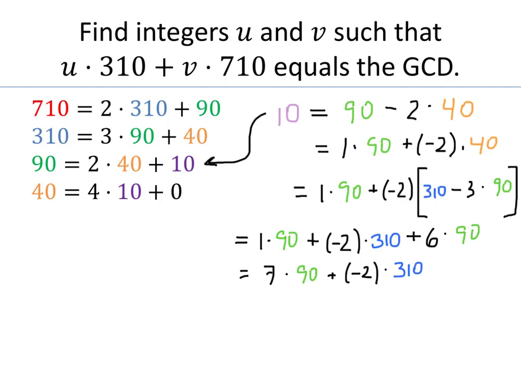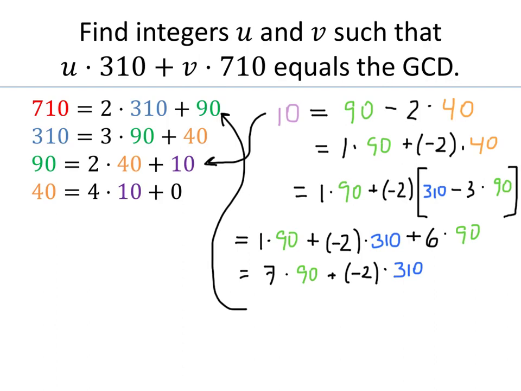Alright, so now notice that I'm closer to what I want. I want u times 310 plus v times 710. So I have something times 310, that's good. But I have this 90 here, and I'd really rather have something with 710 in it. So what I can do is use my first equation. So my first equation, if I solve that first equation for 90, that gives me an expression for 90 involving 7 tens and 3 tens.